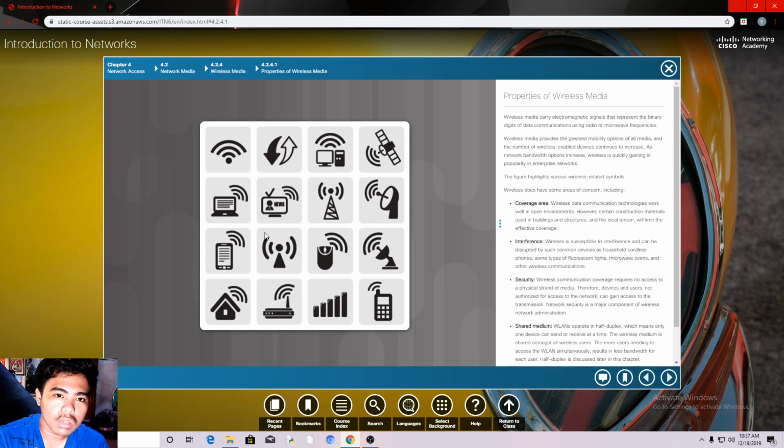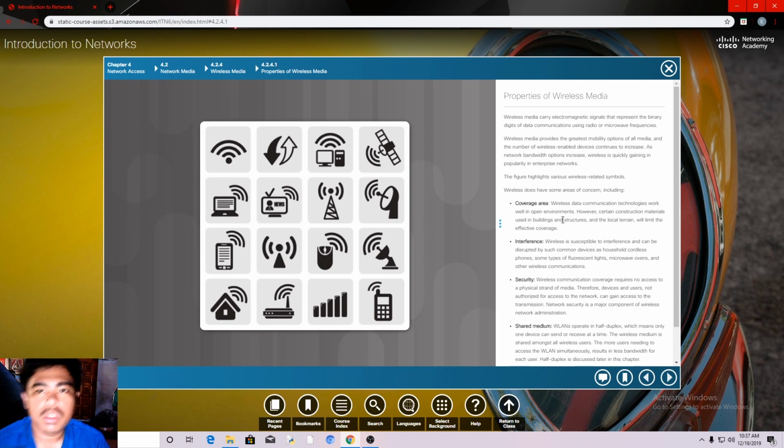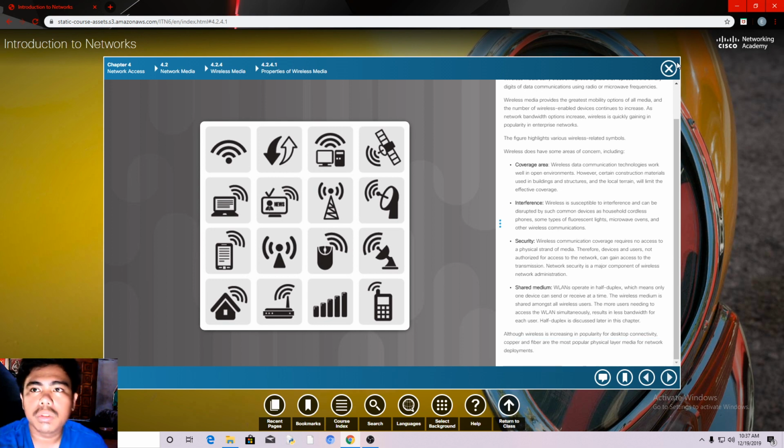This is a wireless connection, this is a signal, and there is a wireless mouse, wireless router, wireless device, and a satellite. The properties of wireless media are coverage area, interference, security, and shared medium.